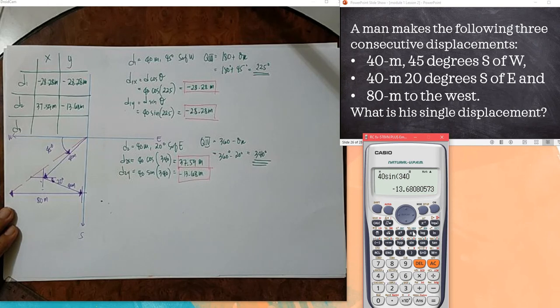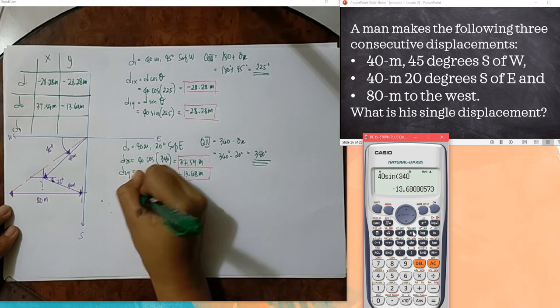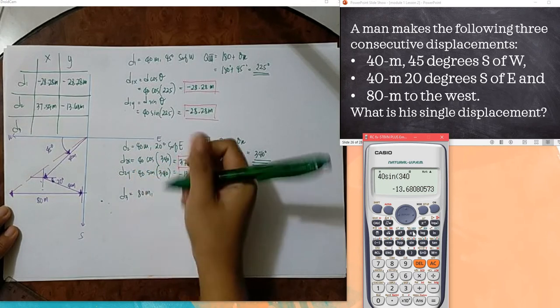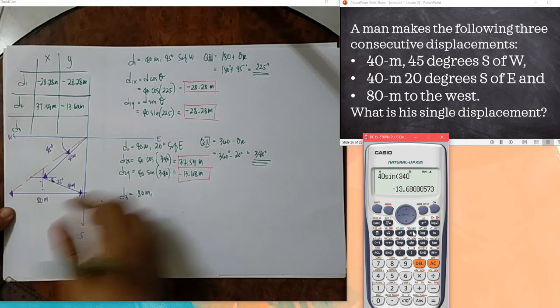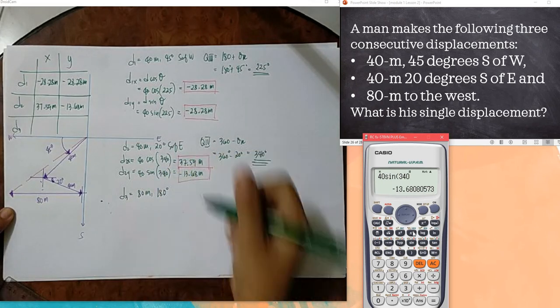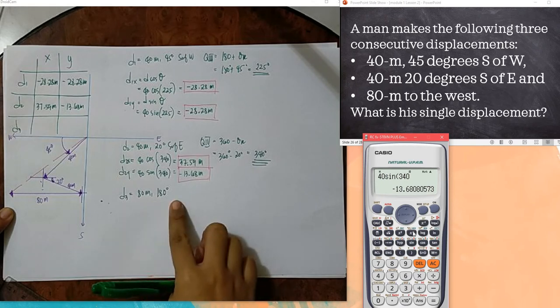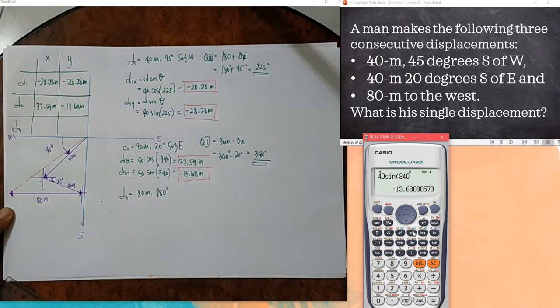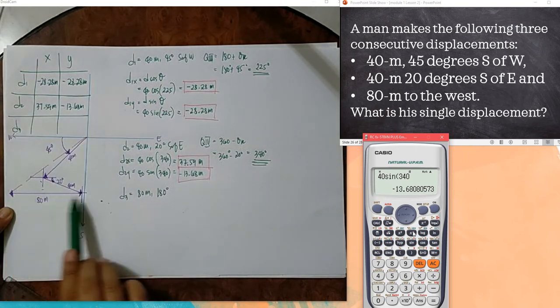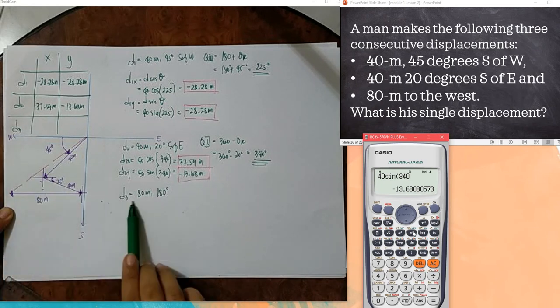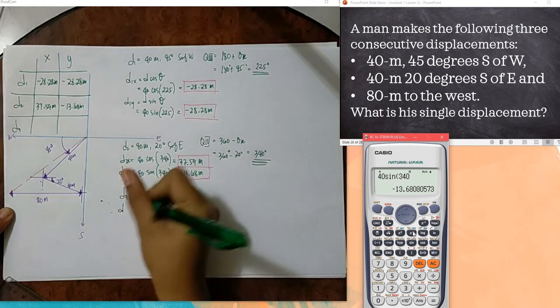Okay? Now, let's go to our third vector. For d sub 3, we have 80 meters. What is the angle here? It is going to the west, meaning the angle is 180 degrees. There is no need to add or subtract any value, because if the vector is going west, its angle is automatically 180 degrees. So, just substitute.